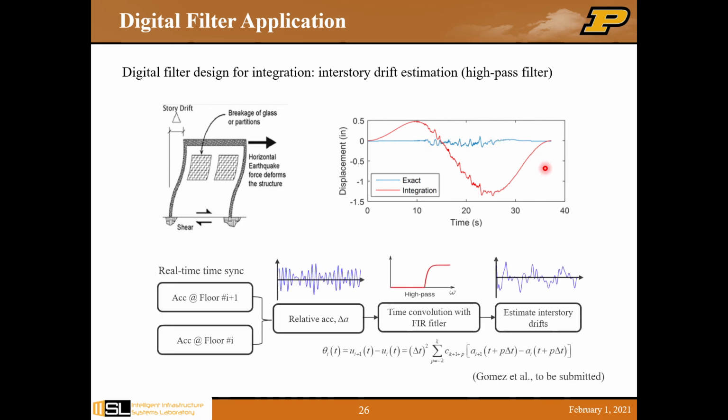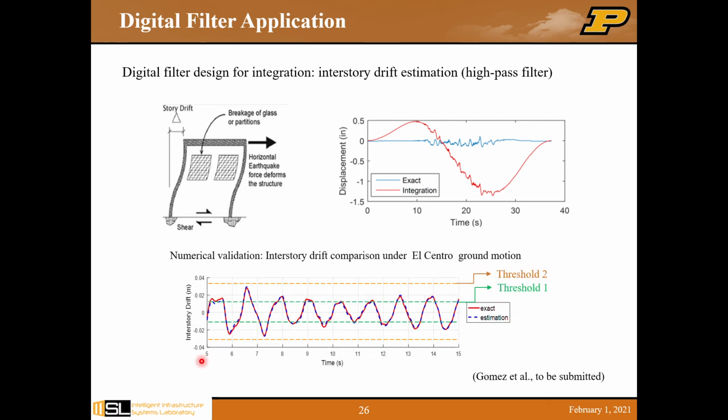So the solution is to apply a high pass filter to filter out the low frequency noise. In our paper, we use gravity acceleration, and then we define our filter, which can perform both double integration and high pass at the same time. Eventually, we can obtain the interstructural drift.